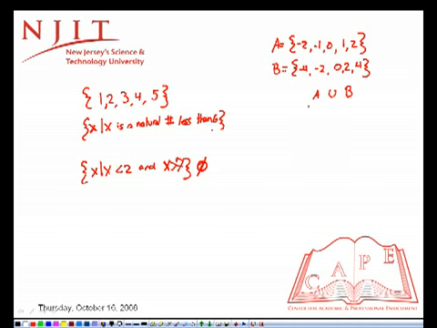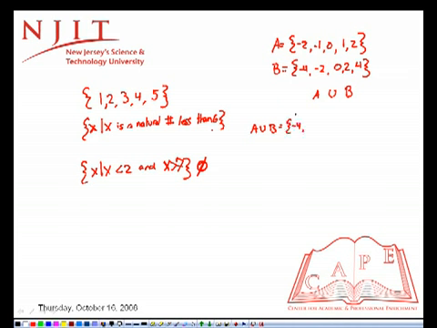Given these two sets, A and B, find a set that contains both A and B. So if you're asked to find the union of A and B, A union B is equal to the numbers that exist in both sets.